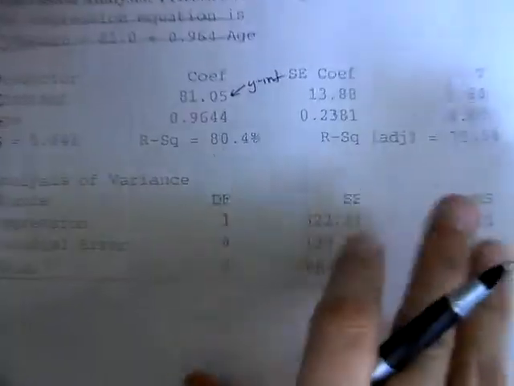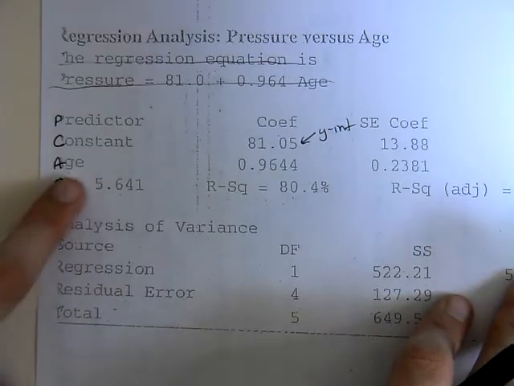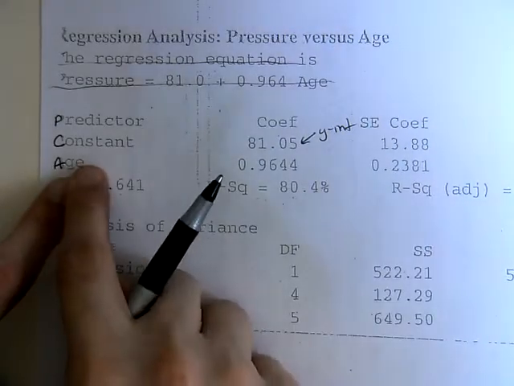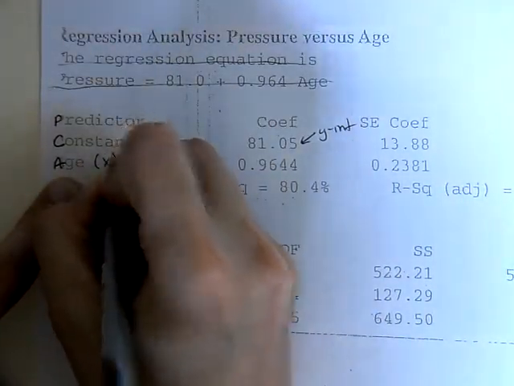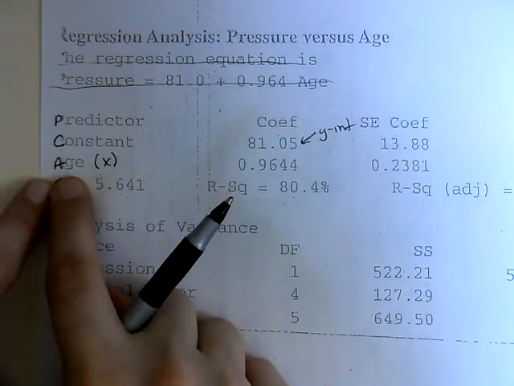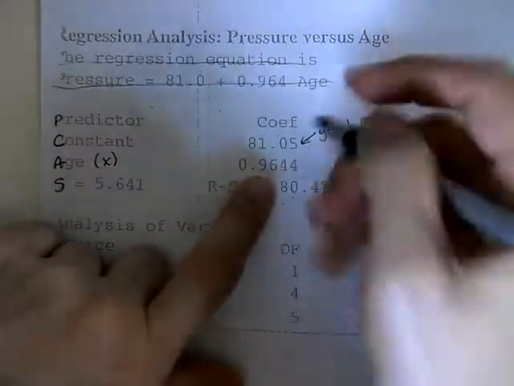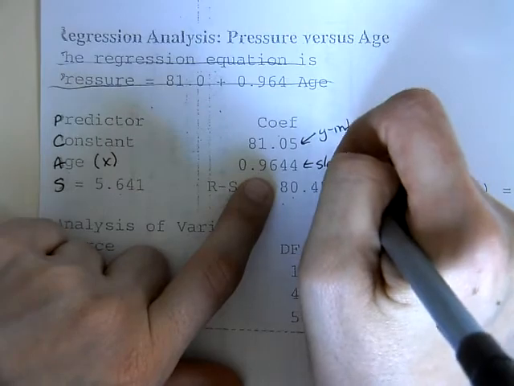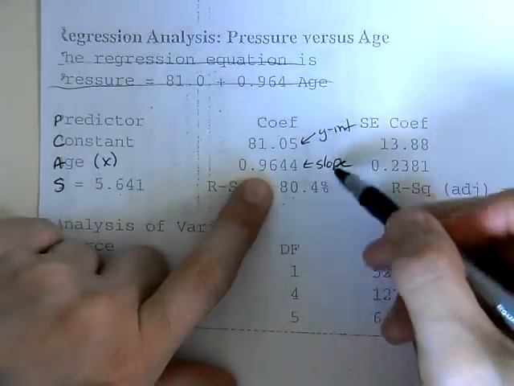So right away you know your Y-intercept. It says age here, that's your X. This will change depending on the problem. And this number here is your slope. So there's your Y-intercept, there's your slope.